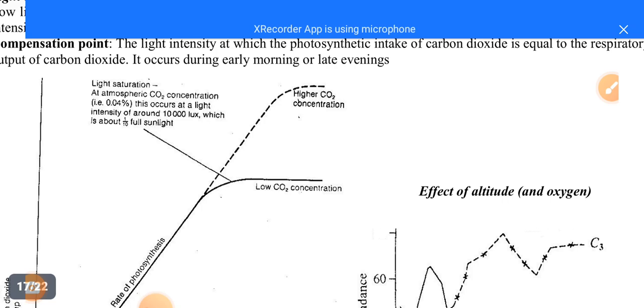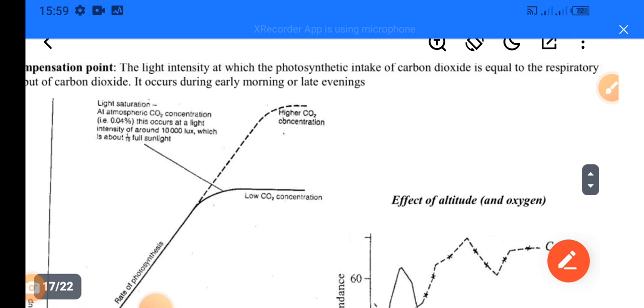Now this one occurs late in the evening, where we have low light intensity and high carbon dioxide concentration. So that has been the compensation point, but I don't want you to forget its definition.